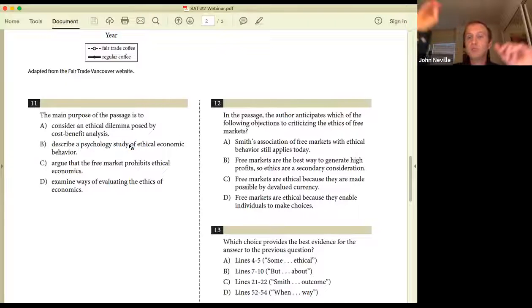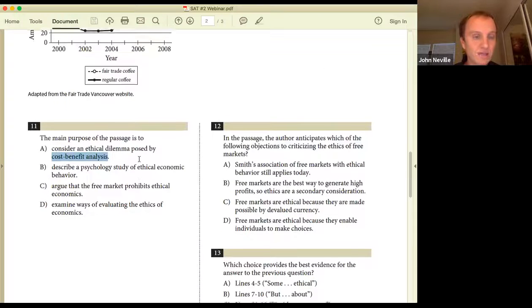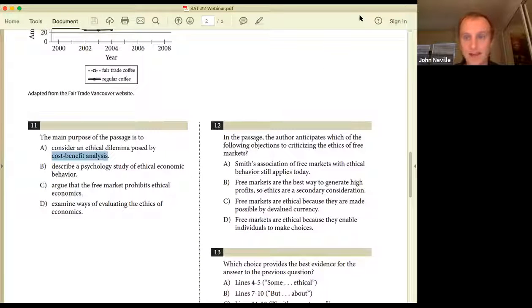So feel free to break answers down into miniature parts and assess the accuracy of each part. And then lastly is the last part, which is analysis, economic behavior, ethical economics, the ethics of economics, right? So if they are not looking at a cost-benefit analysis, then that is another potential way to cross off the wrong answers. So that kind of breaks down how to tackle a main idea question.